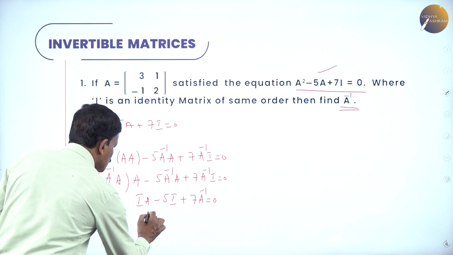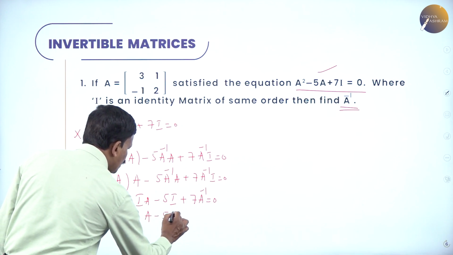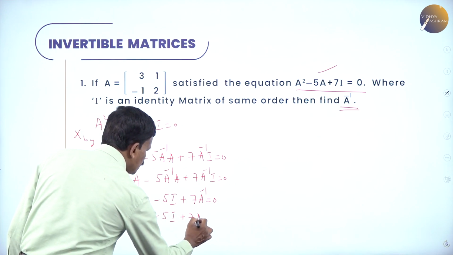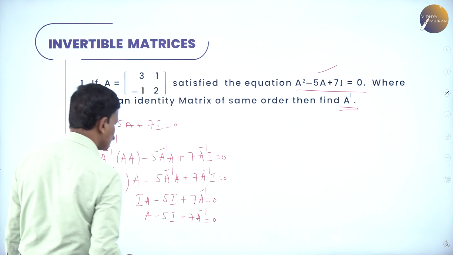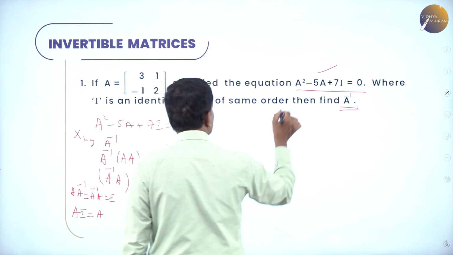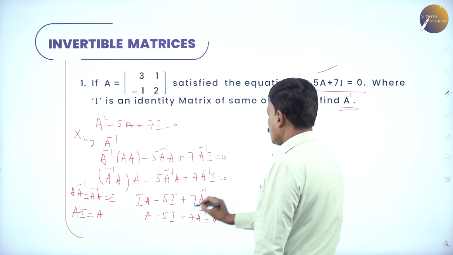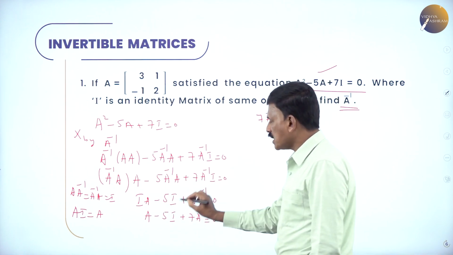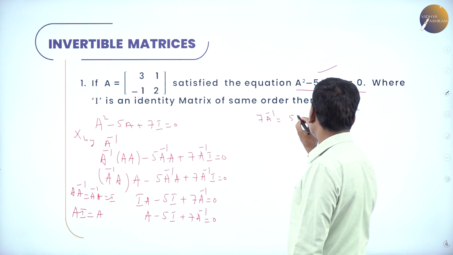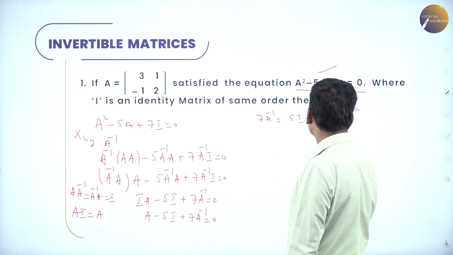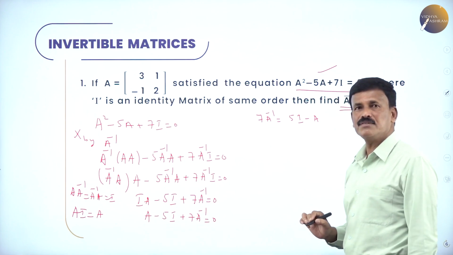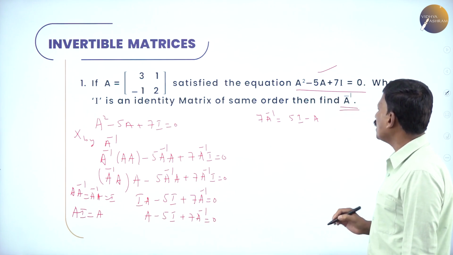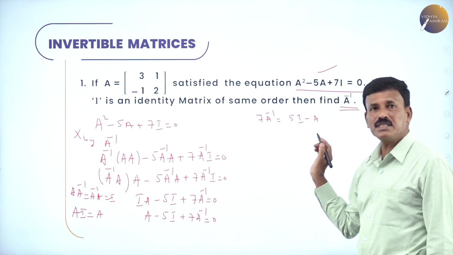So I into A is A, minus 5I, plus 7A inverse is equal to 0. Now just keep 7A inverse. 7A inverse is equal to: transferring, minus 5I becomes plus 5I, and plus A becomes minus A. That's all. 7A inverse is equal to 5I minus A. If we solve this much, the remaining is easy.